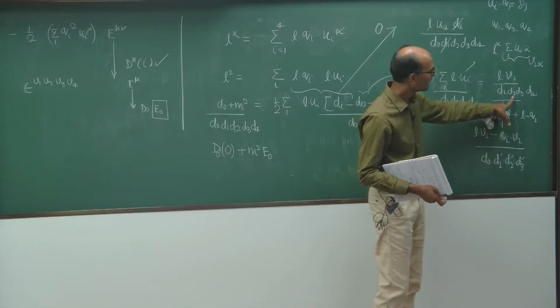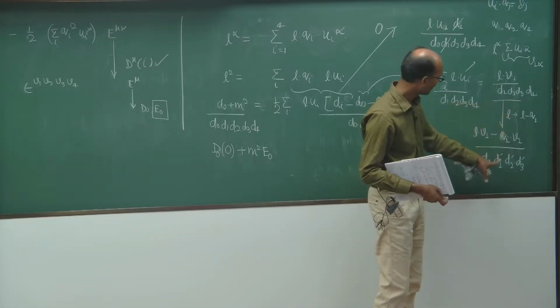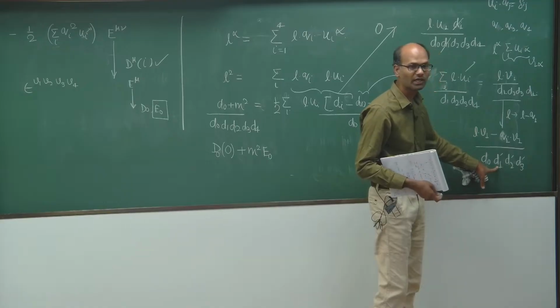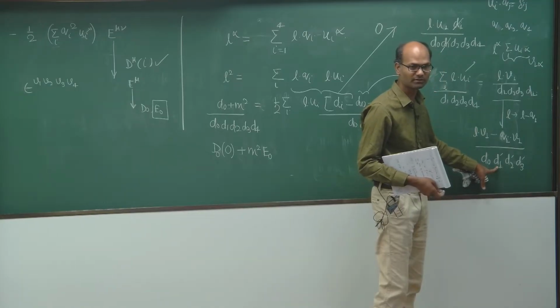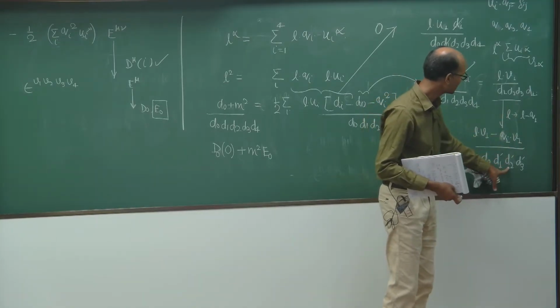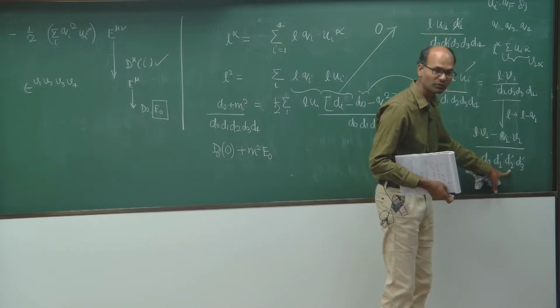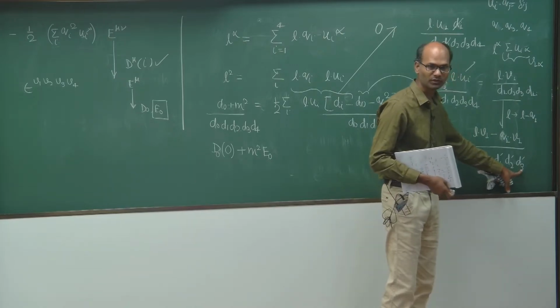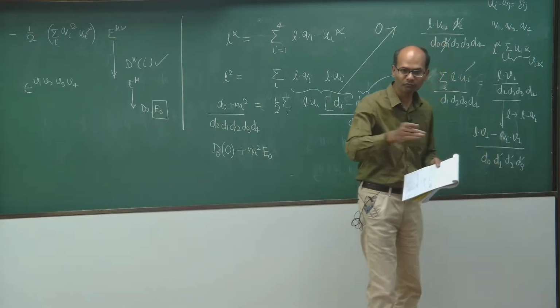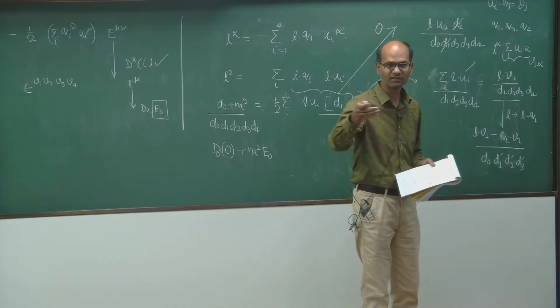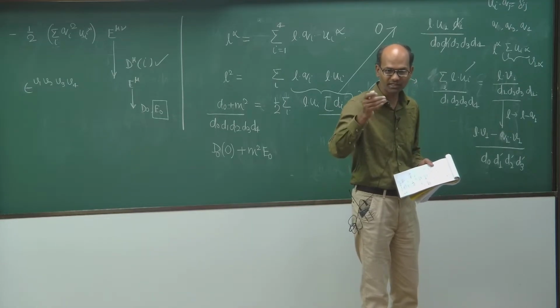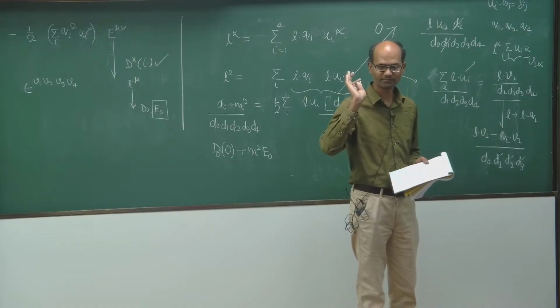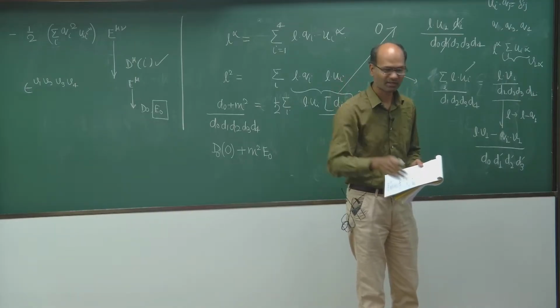This was L plus q2. Now after shifting, this has gone into L plus q2 minus q1. This has gone to L plus q3 minus q1, and this is q4 minus q1. But after you remove p1, the momenta which are relevant are p2, p3, and p4. p1 is out of the picture.